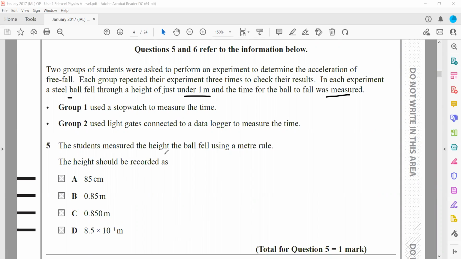The height should be recorded as... so it's a meter scale, as you can see, 1 meter long. We should choose the most reliable result. If we have more significant figures, we'll have a more reliable result.